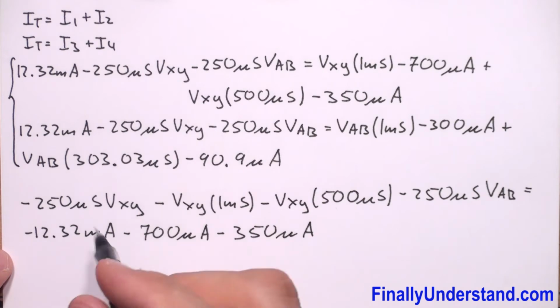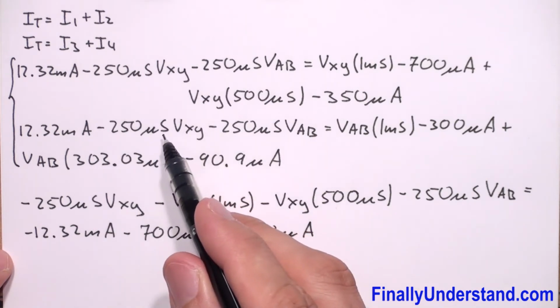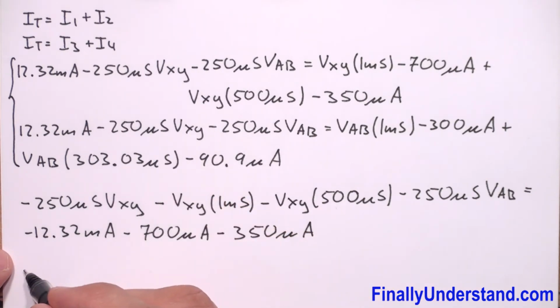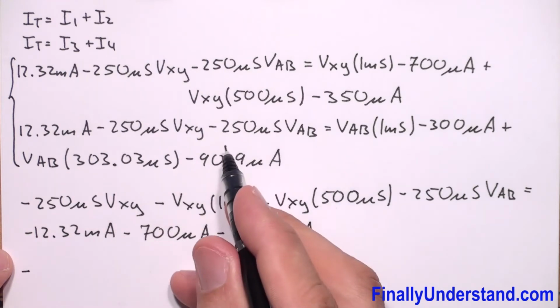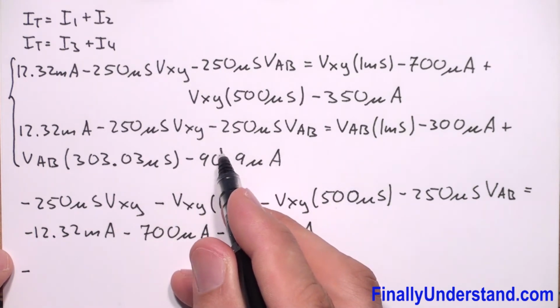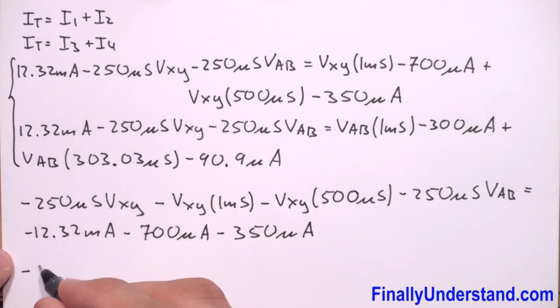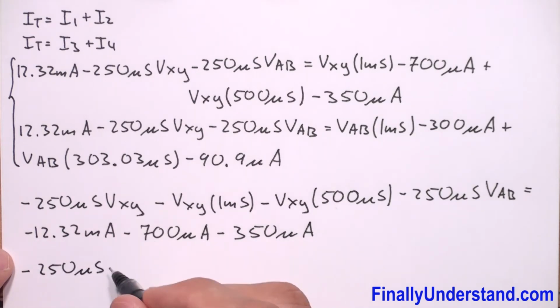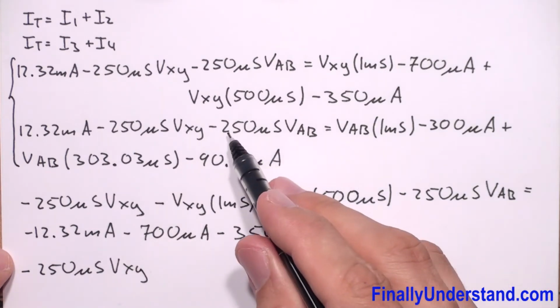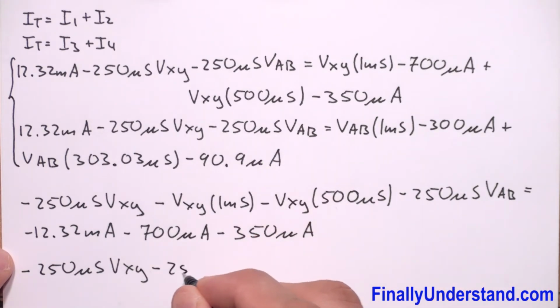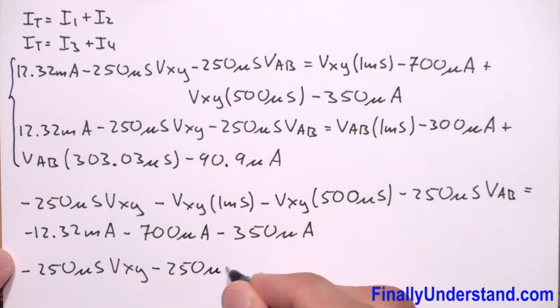Let's do the second one. So what we have: negative 250 microsiemens VXY, and I have negative 250 microsiemens VAB.